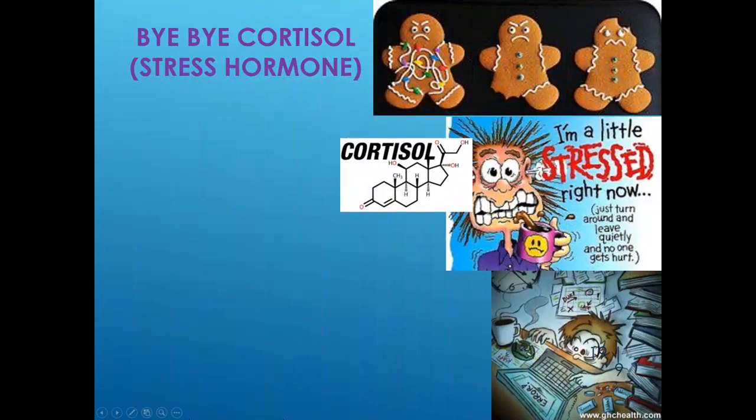So remember this guy, cortisol? We talked about him when we did the steroids. This is your stress hormone. And if you're always stressed, you're always releasing cortisol. So you're suppressing the DHEA, the longevity hormone. Your body, your liver thinks that you're always stressed. So it's trying to make more glucose because that's what our body is meant to do.